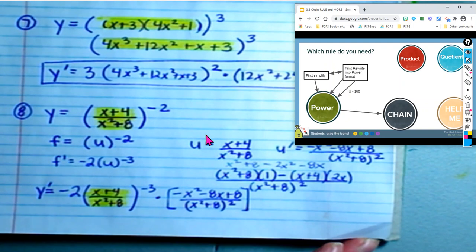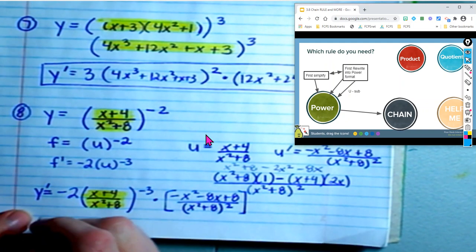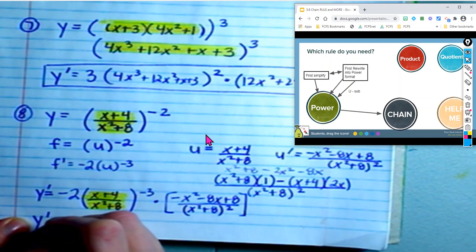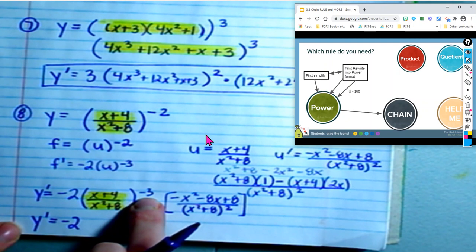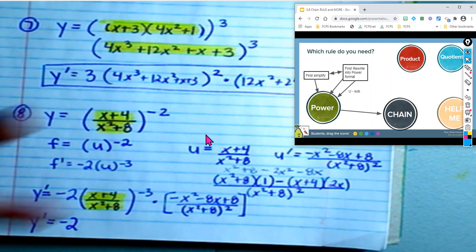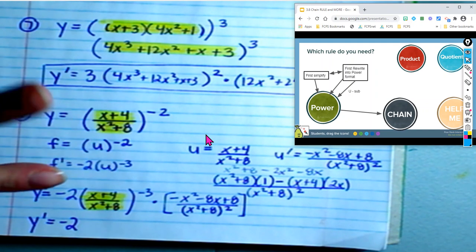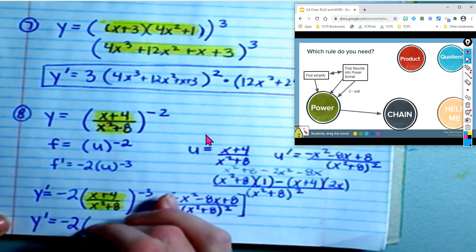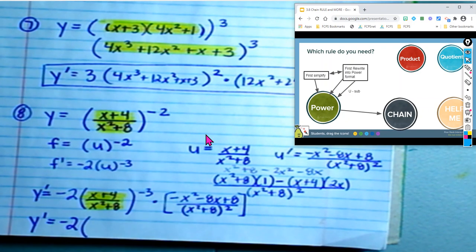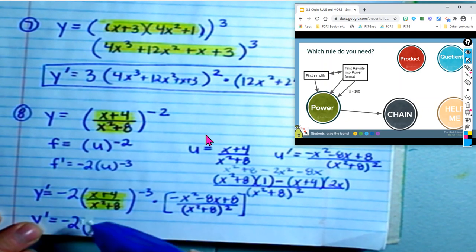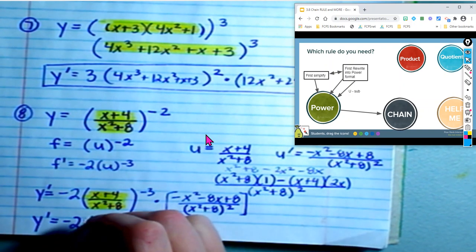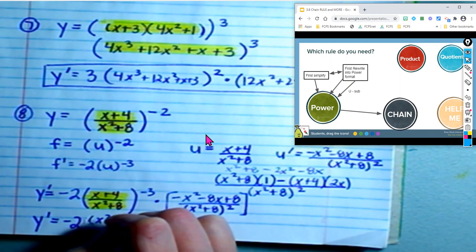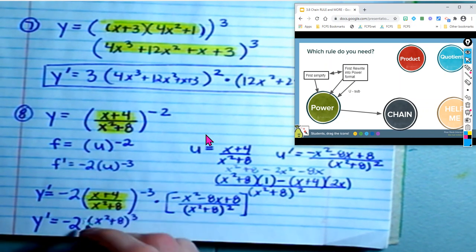Now, how do I get rid of these extra grouping symbols? The first thing I'm going to do is take that negative exponent. And what happens is it actually just creates a reciprocal with the fraction. All right? And because those big grouping symbols are kind of tricky to look at, I'm going to write it like this. Cubed.